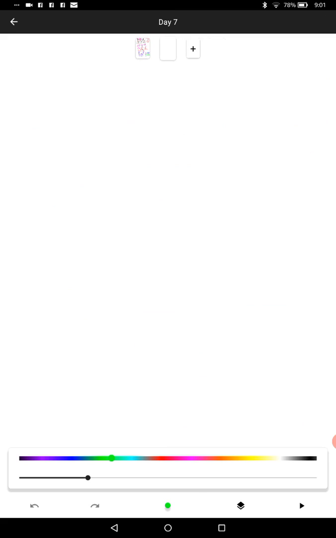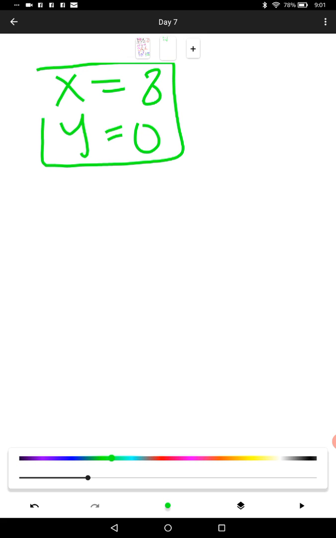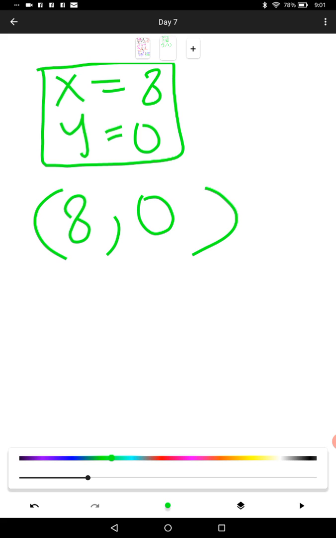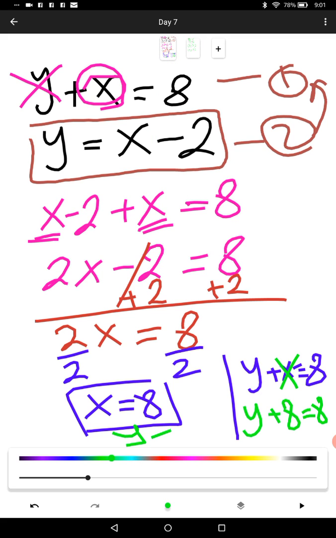We have x equals 8 and y equals 0. This is the solution. You can put your answer as an ordered pair, (8, 0). And remember that we put x in the first coordinate and y in the second coordinate. (8, 0) is a solution for these two equations.